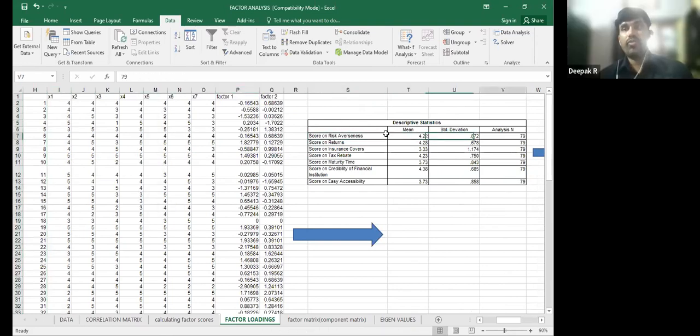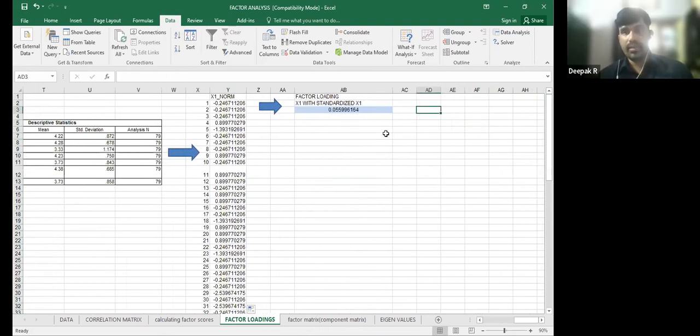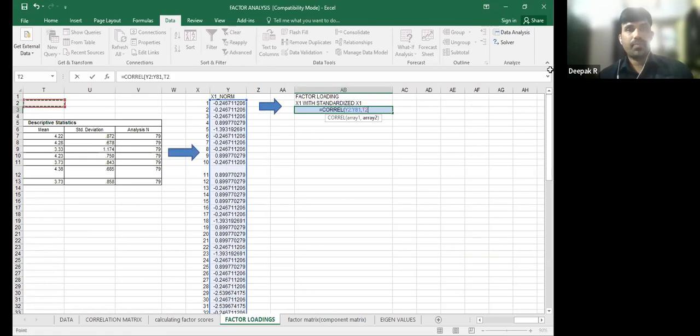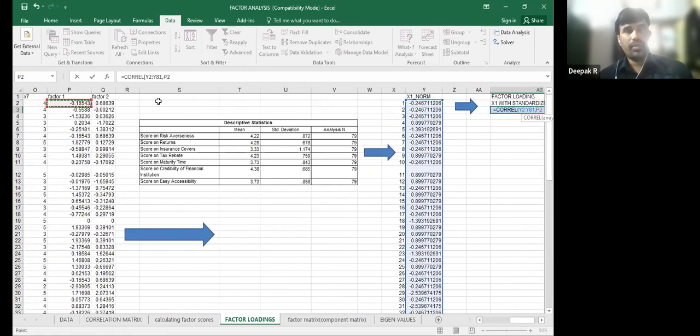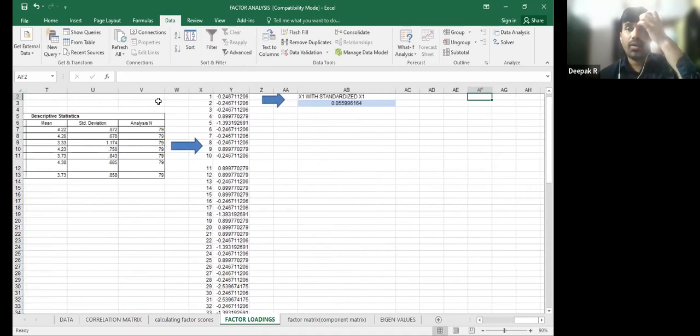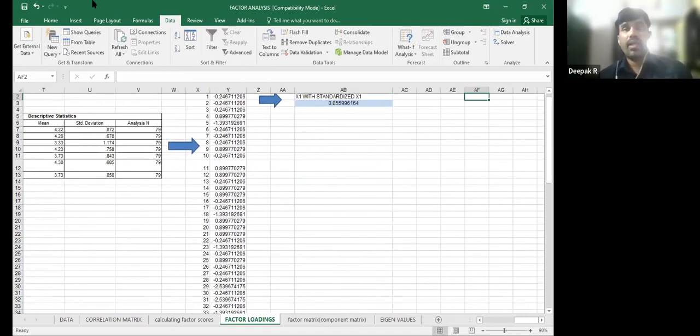Now if I find the correlation coefficient, equals the correlation between the standardized scores and the factor score, and do the same across all the variables, we will arrive at what is referred to as the factor loadings.